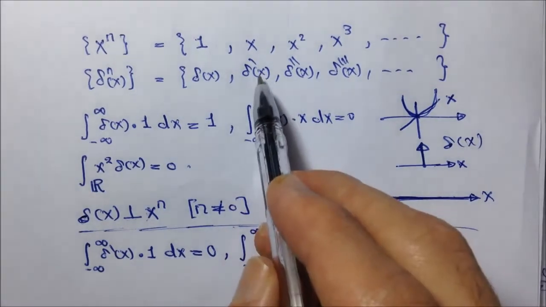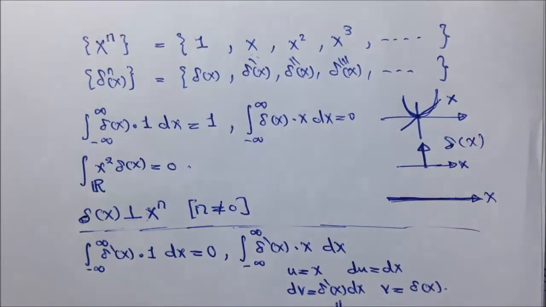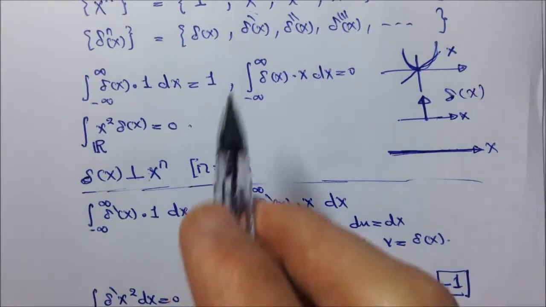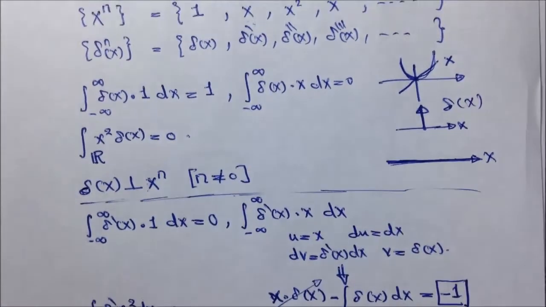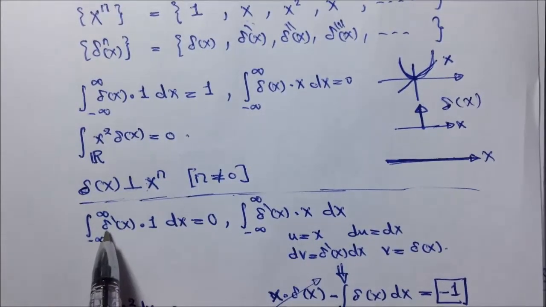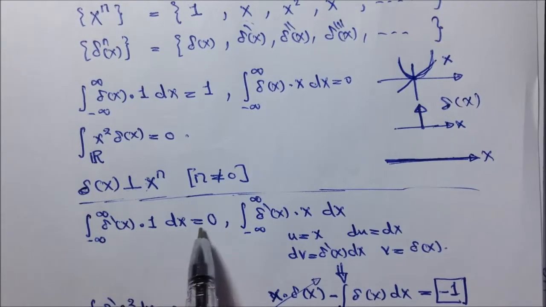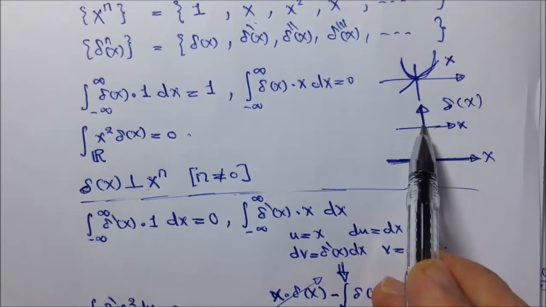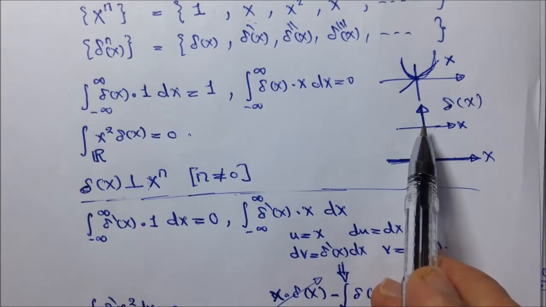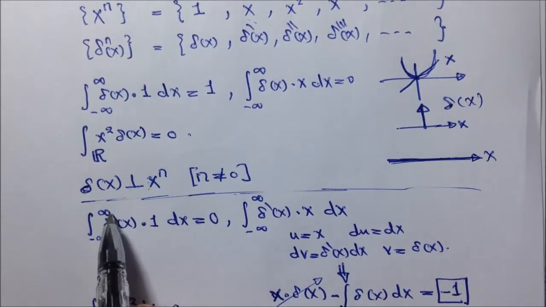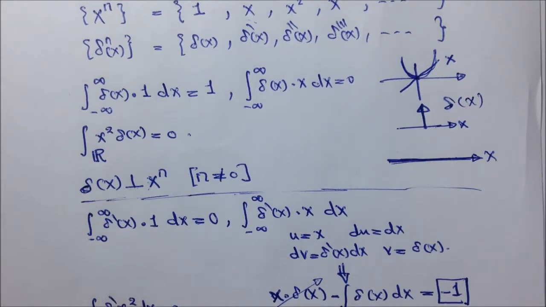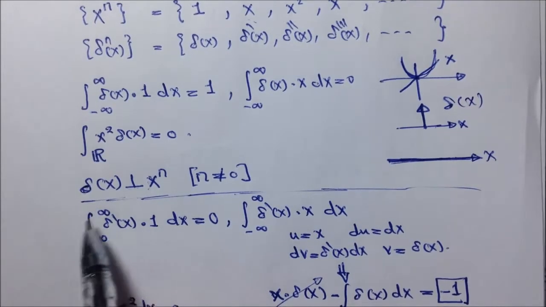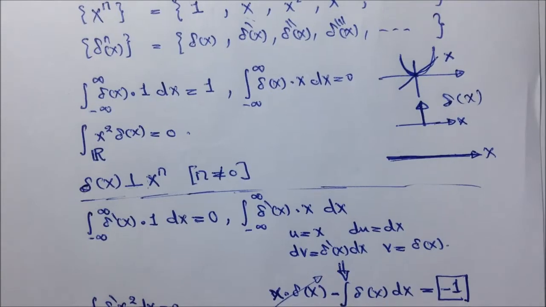Now, let's see what about delta dash of x. First of all, delta dash with 1. The correlation between them is obviously 0. That's easy to conceive because delta of x is an even function, and when you differentiate it, you get delta dash of x, which will be an odd function, and the area under an odd function is 0.